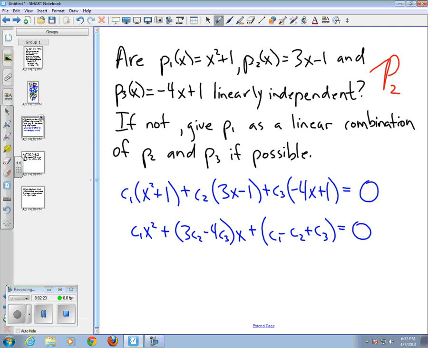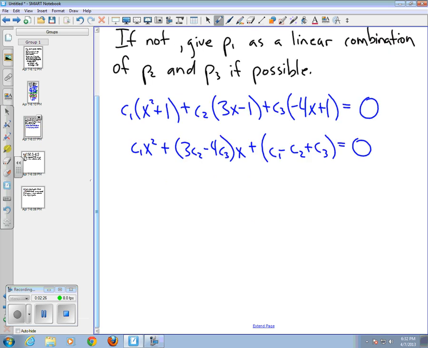And we want that all equal to the zero vector. So what that means is we have this system of equations. c1 equals 0. 3c2 minus 4c3 equals 0. And c1 minus c2 plus c3 equals 0.